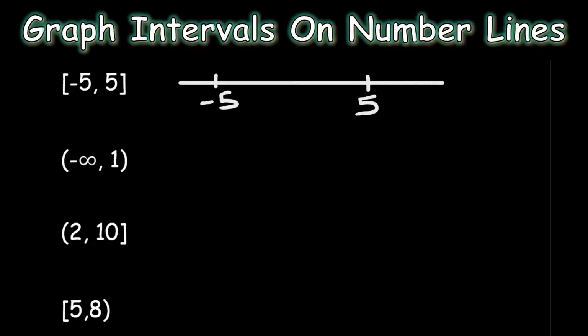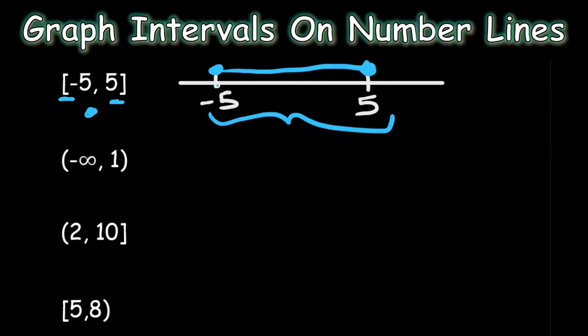And now all we have to do is determine if it is an open or a closed dot. And we can see we have brackets here, so it'll be a closed dot. So we do a closed dot on -5 and on 5, and we just connect the two. So that means any numbers between -5 and 5 will be included in our interval, including -5 and 5.